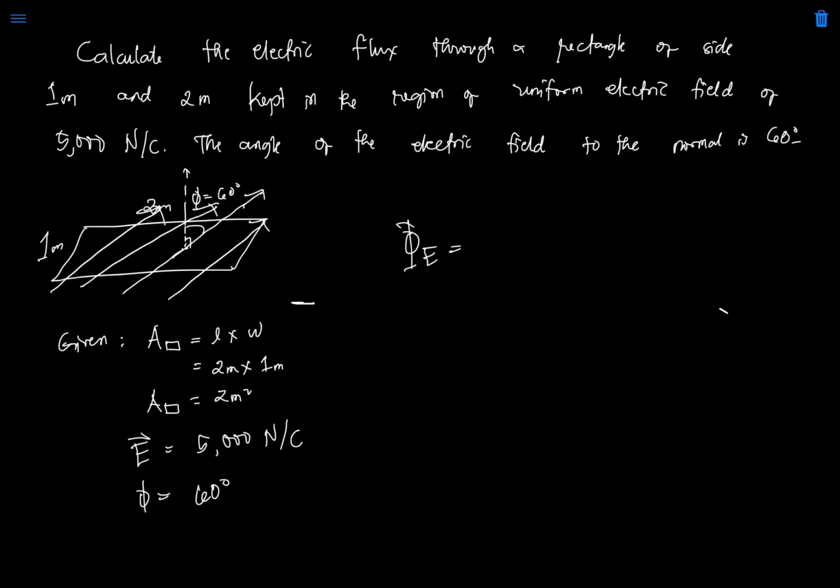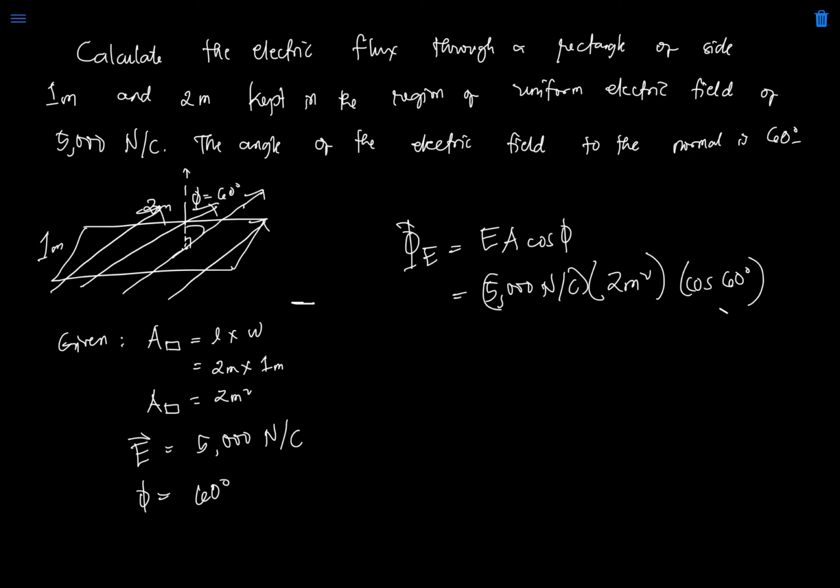Now let's solve for the electric flux. Electric flux is again E times A cosine phi. So let's substitute the given to our formula. 5,000 newtons per coulomb times the area, which is 2 meters squared, times cosine 60 degrees.